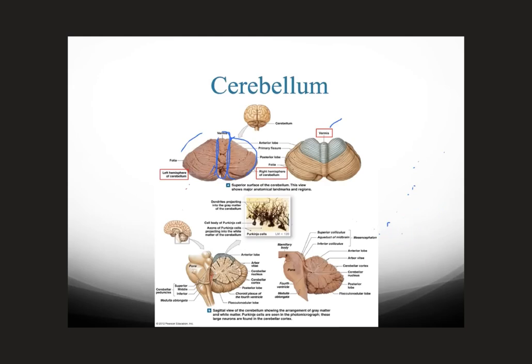Okay, so molecular layer contains the dendrites of the Purkinje cells. The middle layer, which is the Purkinje cell layer, is going to contain the cell body of the Purkinje cells.